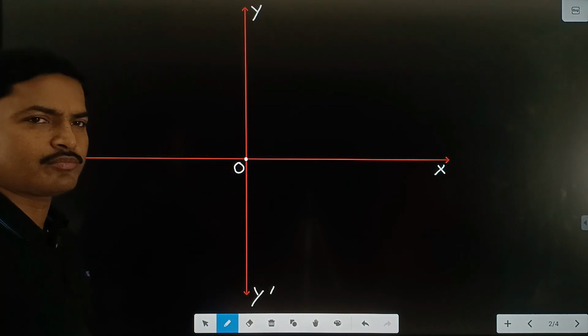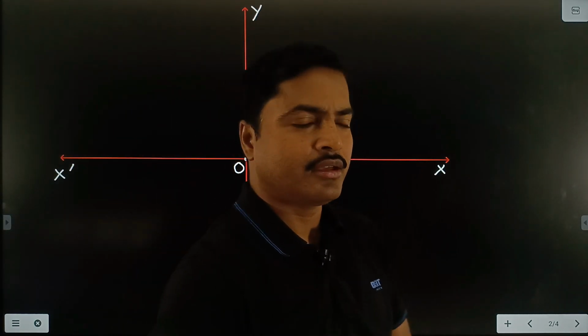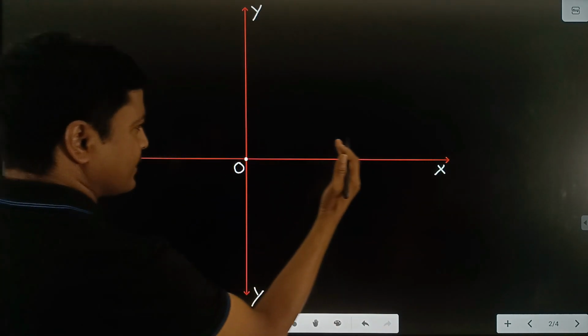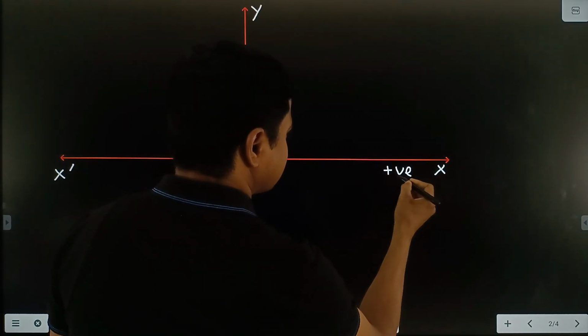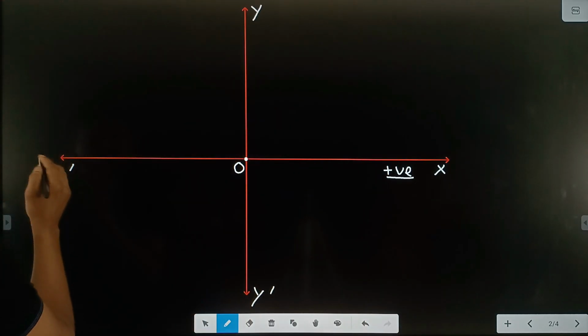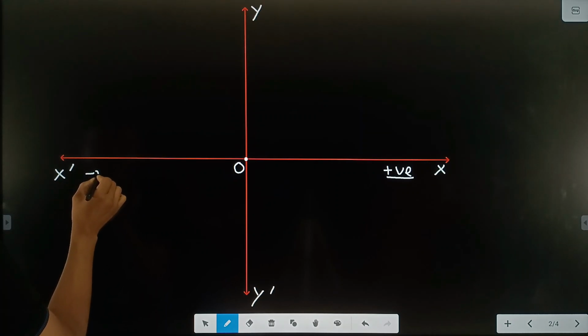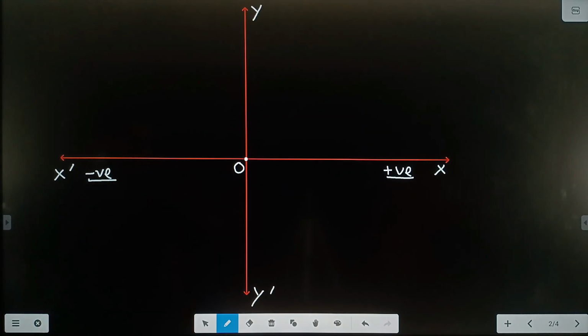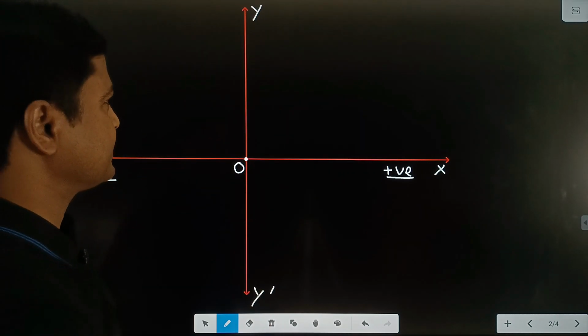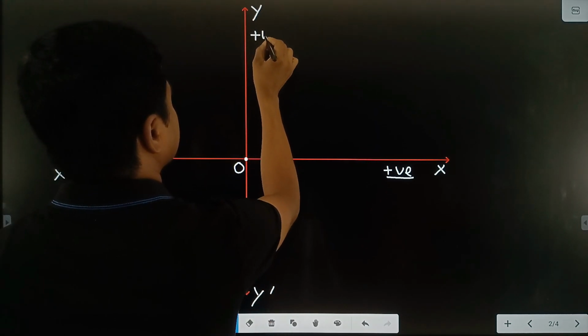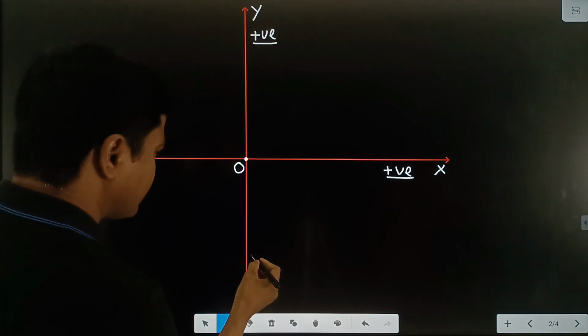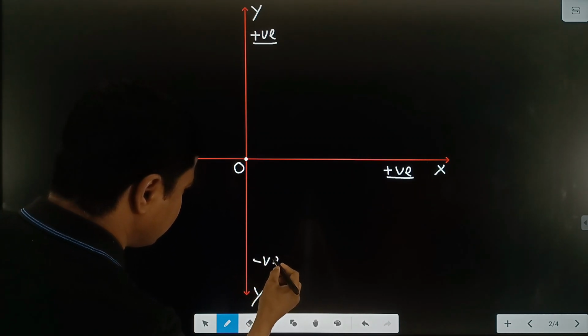Suppose O is the origin. The right hand side of the x-axis is positive, and the left hand side of the x-axis is negative. Similarly, above the x-axis, this side of the y-axis, is positive, and this side of the y-axis is negative.